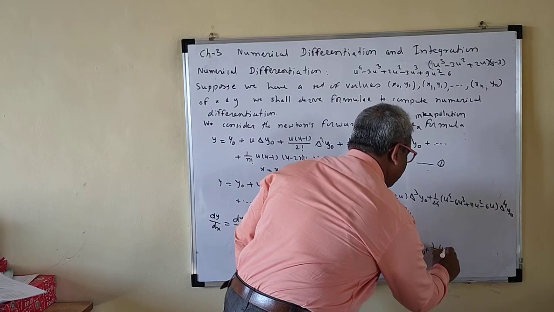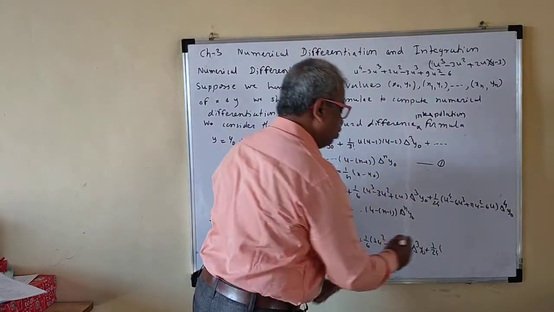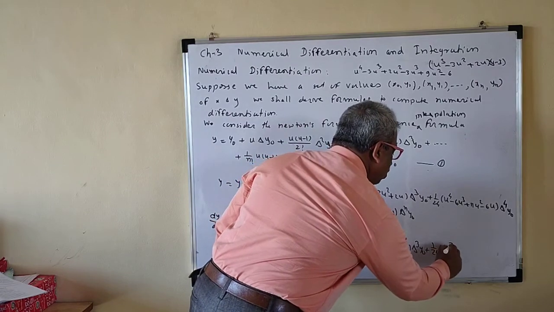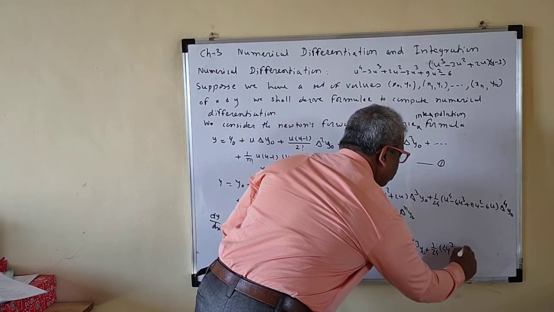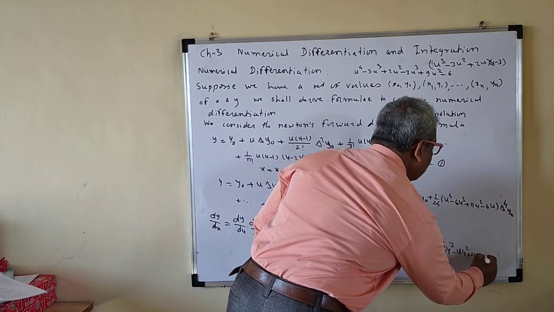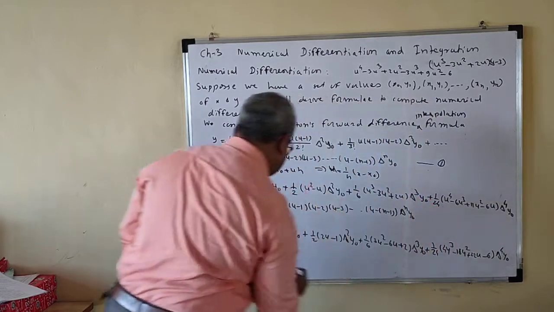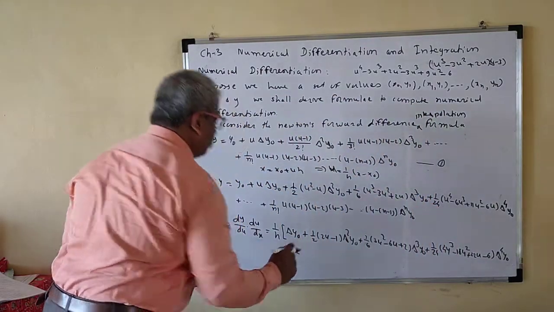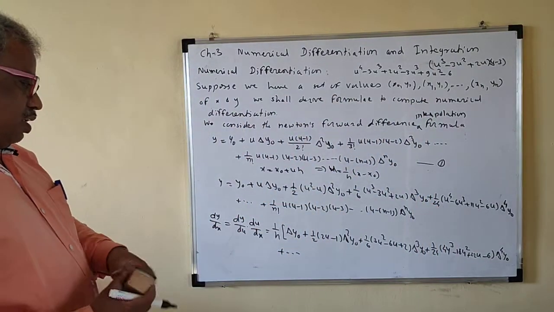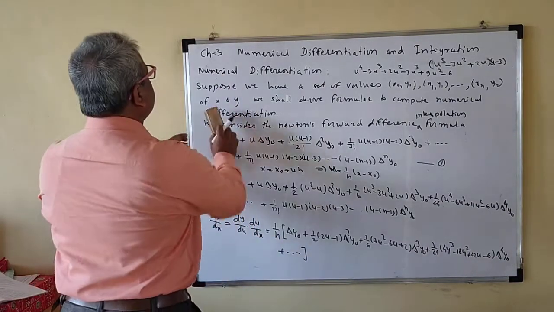You have to differentiate u raised to 4 with respect to u: 4u cube minus 18u square plus 22u minus 6, del raised to 4 y naught, and I will write plus dot dot dot. I am not taking the derivative of the rest, so it is complete.